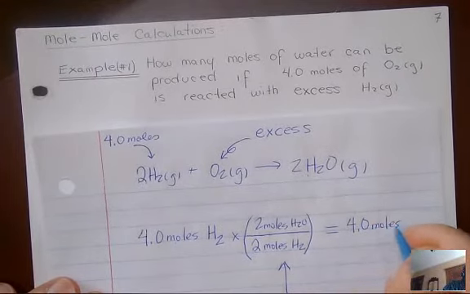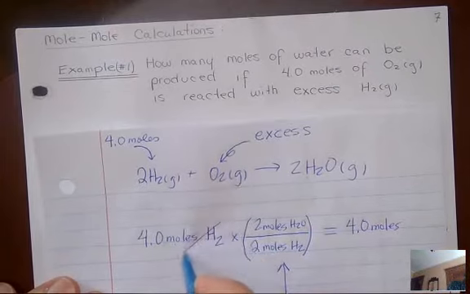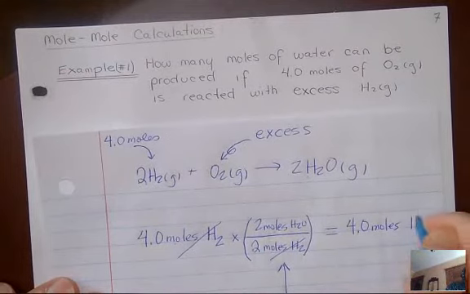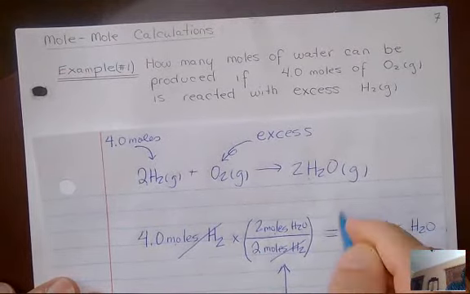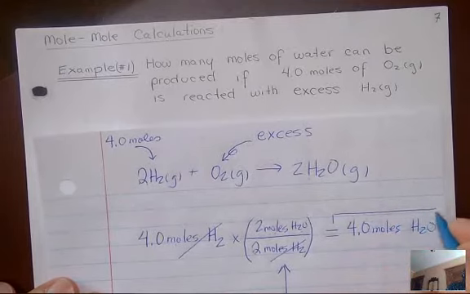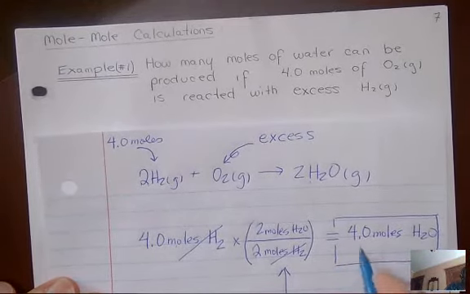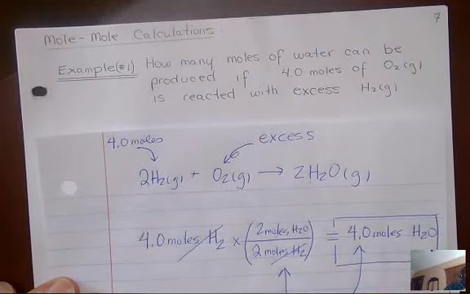My unit is still moles, right? Because this moles of hydrogen canceled out, and now my new unit is moles. And I not only need to say moles, you need to tell me what substance it is. Again, all of your answers for the rest of the course are going to be the number to the correct number of significant figures.